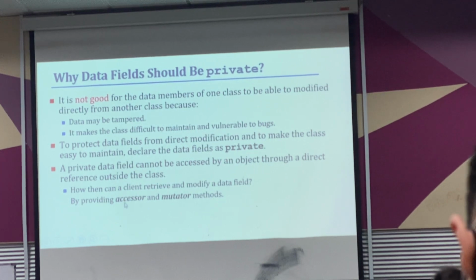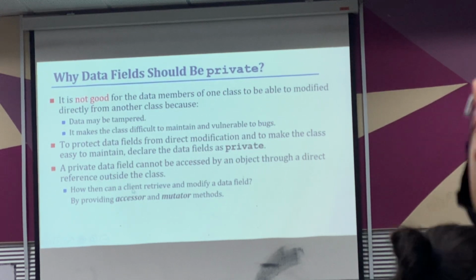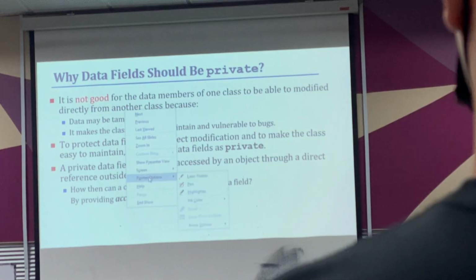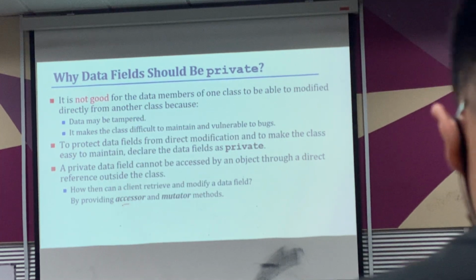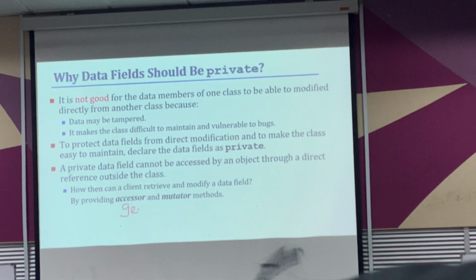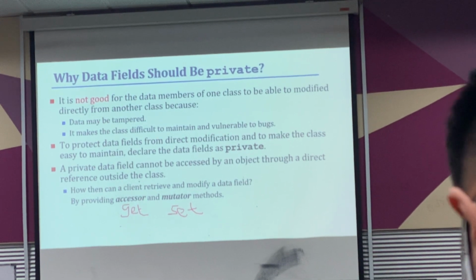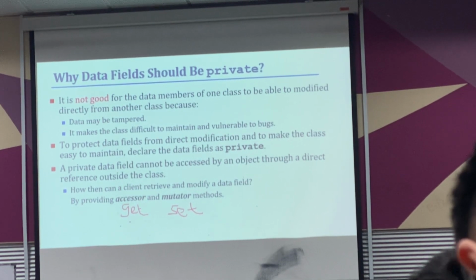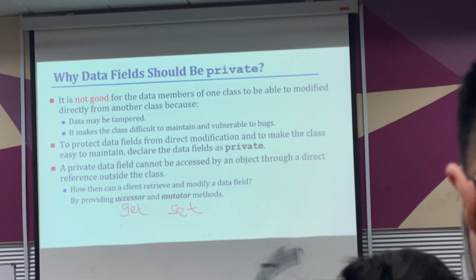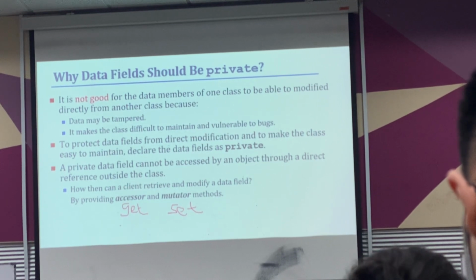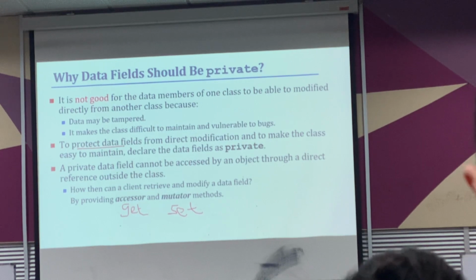After you make it private, there are accessors and mutators. Accessor refers to the get methods. Take notice here, accessor is a get method, and mutator is a set method. Sometimes the exam paper will say accessor, sometimes it will say getter, but you need to know these two are the same thing. The main reason is that we need to protect the data.